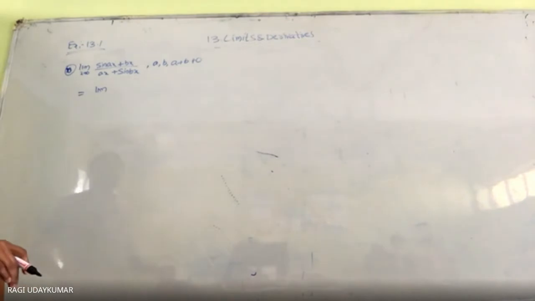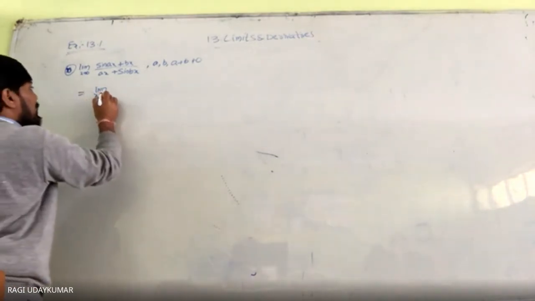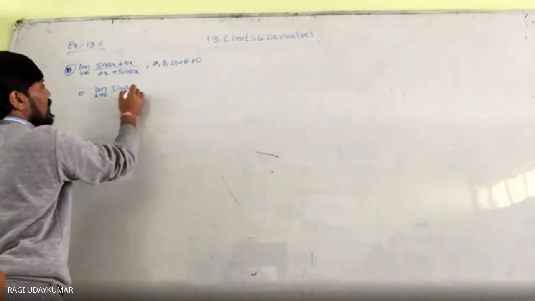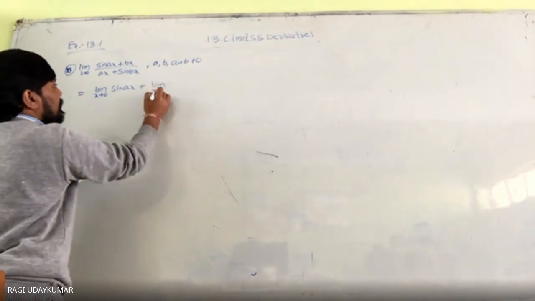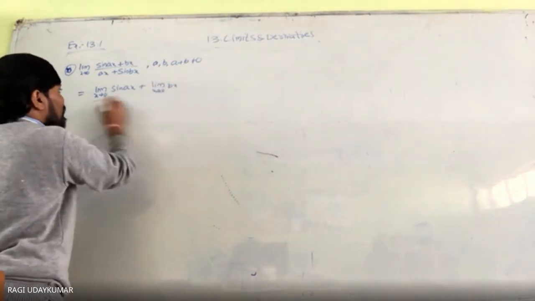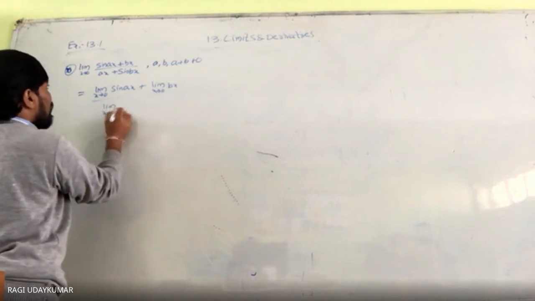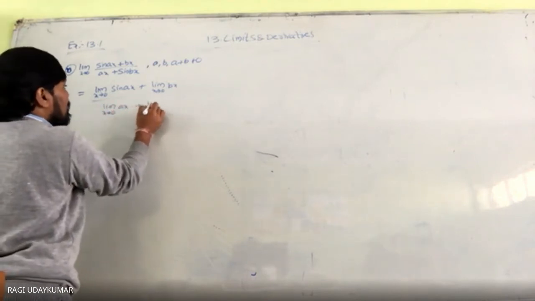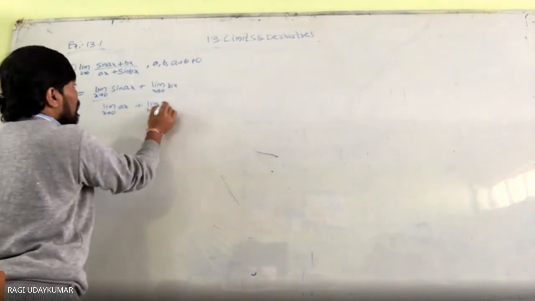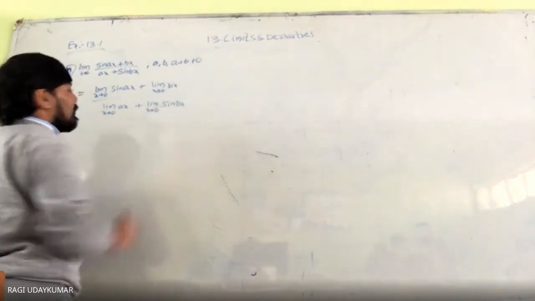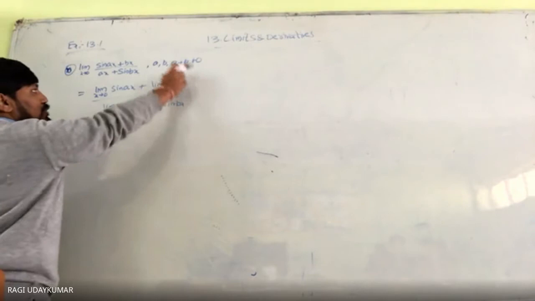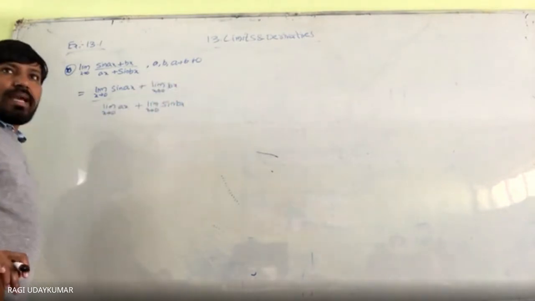So limit x tends to 0 can be taken individually as you said. Limit x tends to 0 of ax plus limit x tends to 0 of sin bx. If you substitute x equal to 0, this becomes 0.